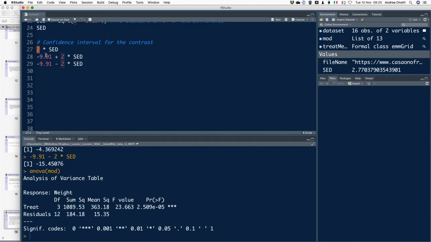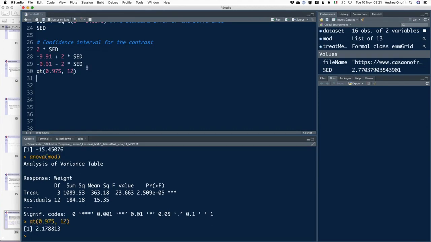So we need a better multiplier. And we can take the 97.5 percentile from the t distribution, which is a more correct multiplier. So we take qt, a quantile from a t distribution, 0.975 with 12 degrees of freedom. And we see that the multiplier is slightly higher than 2. Not much higher, but slightly higher.